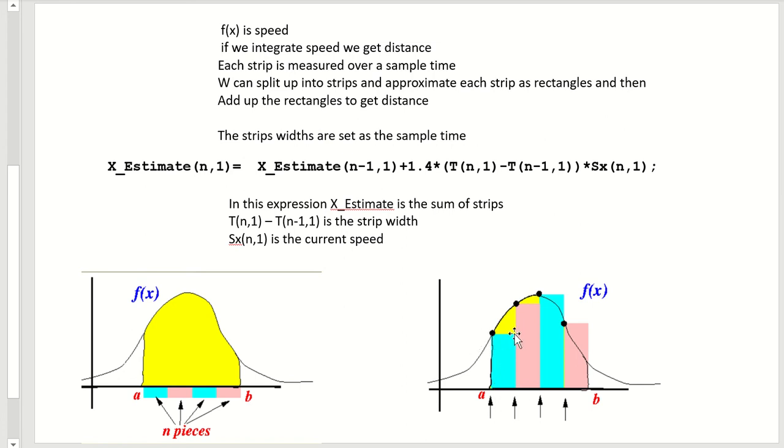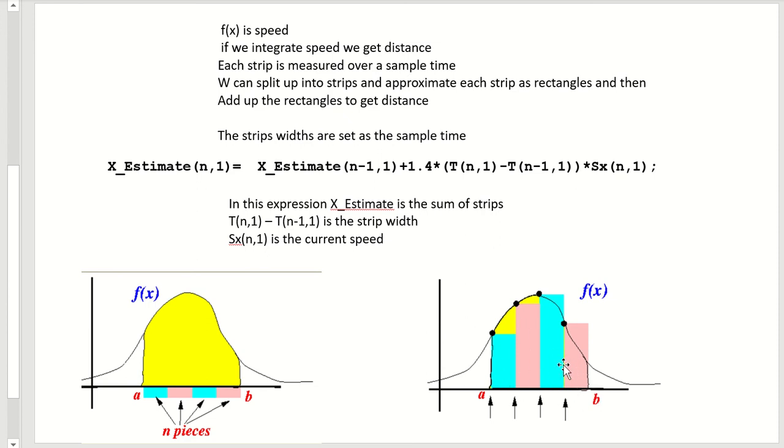We could say that could be like a little box to represent some of the area. Then next time we could take that box and then that one. So if we added up those 4 boxes, we'd get an approximation of this area, which would be the integral of speed. In other words, if we add those boxes up, we'll get the distance travelled. As we add each box up as we go along, we get the current distance travelled.